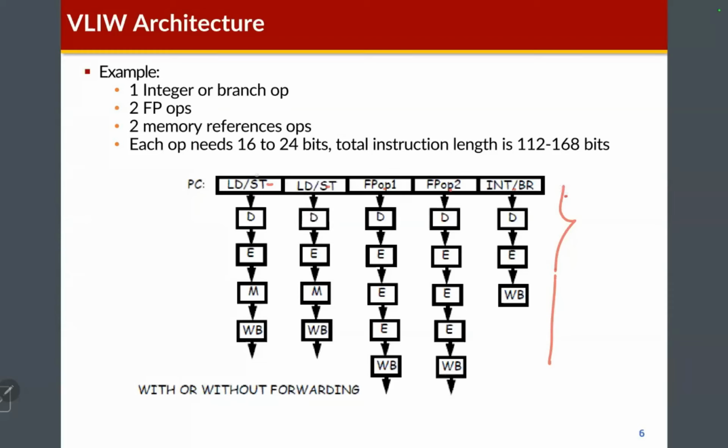So the hardware has a very simple architecture. The hardware has some slots for execution, and instructions are assigned by the compiler. There are multiple slots for different instructions, and the different instructions are grouped into a very long instruction word.